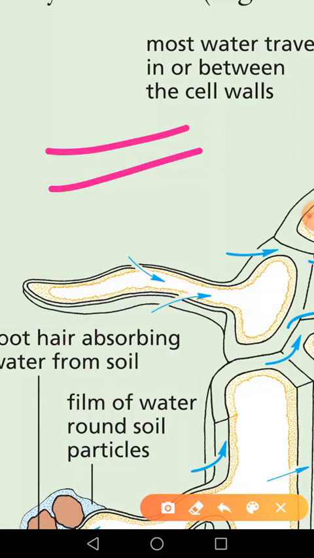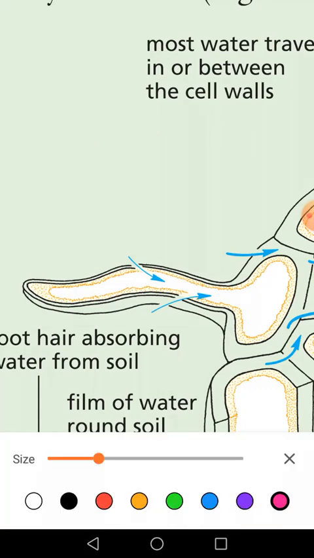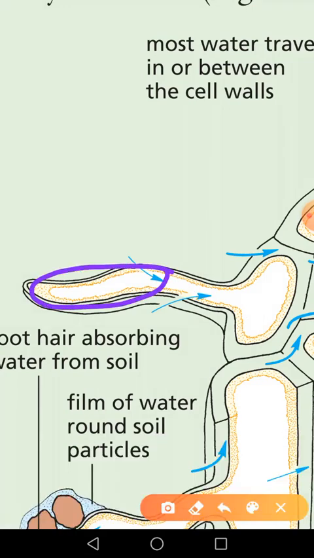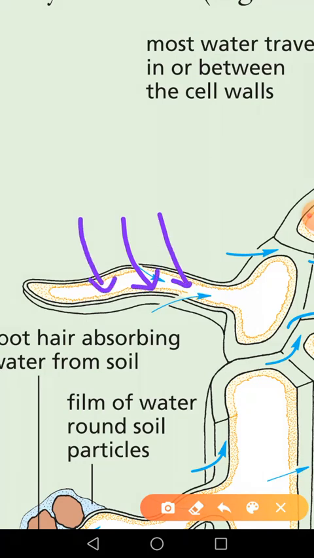I think you know the meaning of the term active transport. The root hair cell first takes in some ions from the soil into its cytoplasm mainly by active transport.